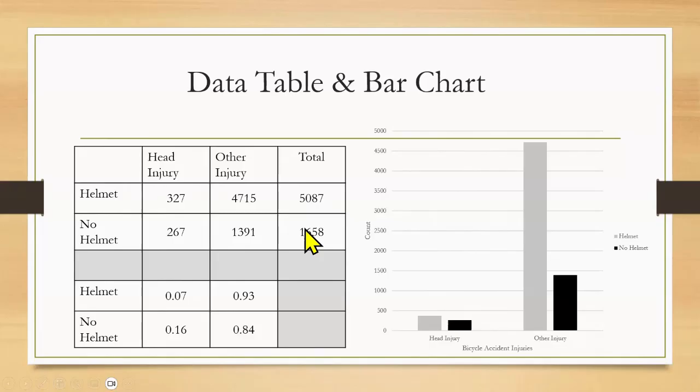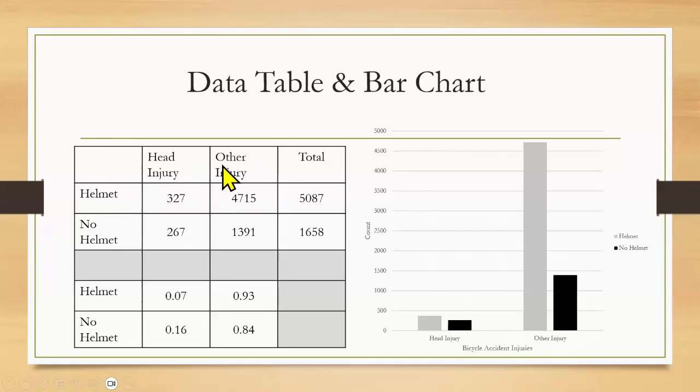And how we're going to do that, we're going to take the number of head injuries, the number of other injuries, and we're going to divide by the total, right? So it's convention to put the variable that you're really interested in comparing in the rows. We really want to know what the difference is between helmet and no helmet.